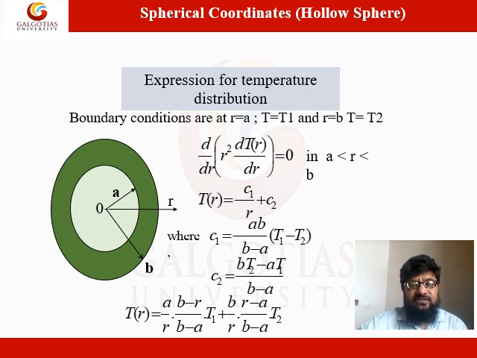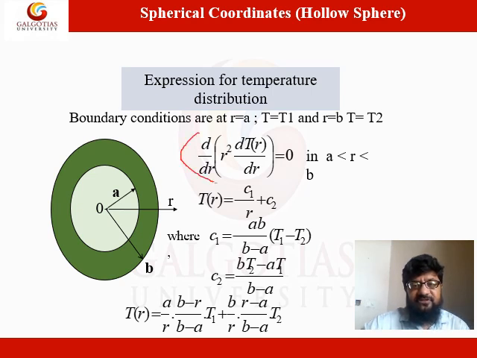So now let us take another example, a hollow sphere, so that we can be comfortable calculating thermal resistance in spherical coordinate system. There is a hollow sphere whose radii are known, and the temperatures at the inside and outside of that hollow sphere are known.